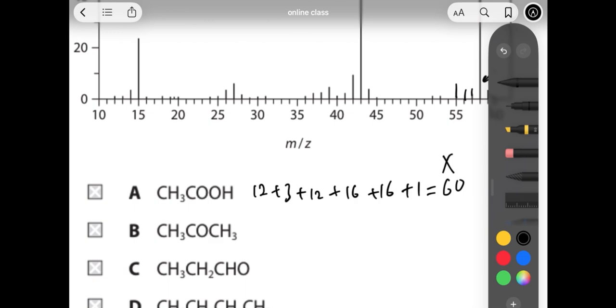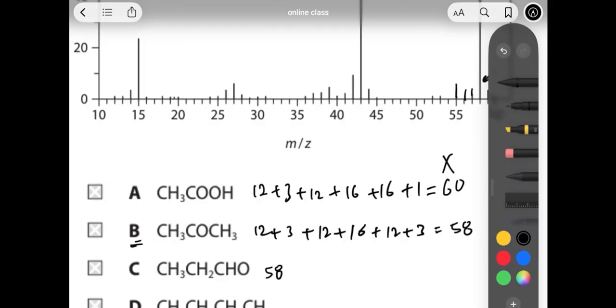And if we count this one here, it's 12 plus 3 plus 12 plus 16 plus 12 plus 3. If you apply that in your calculator, you'll end up with 58. So this one, so far, is a possible answer. And if you count the same thing down below in here, it's equal to 58.